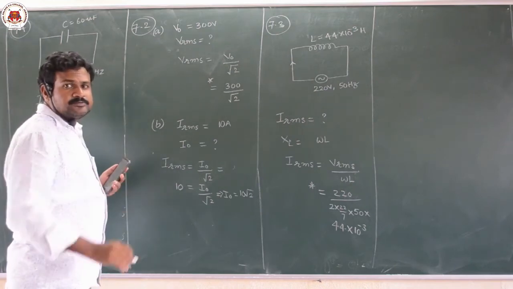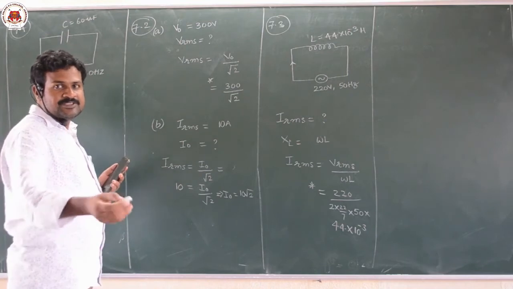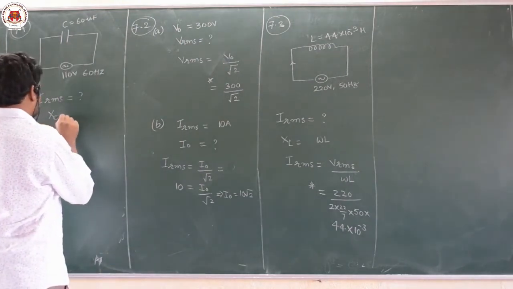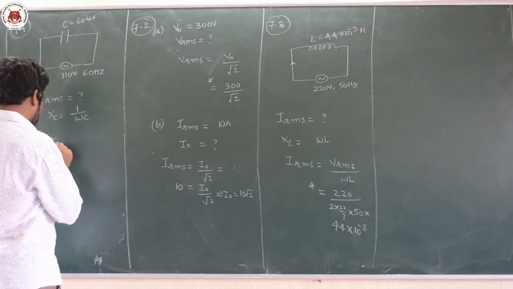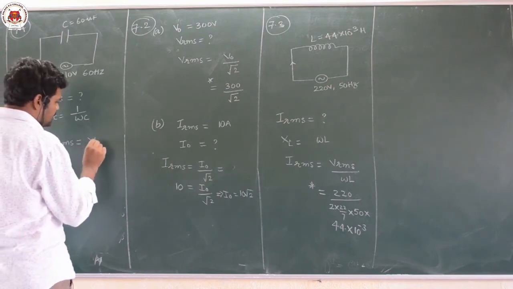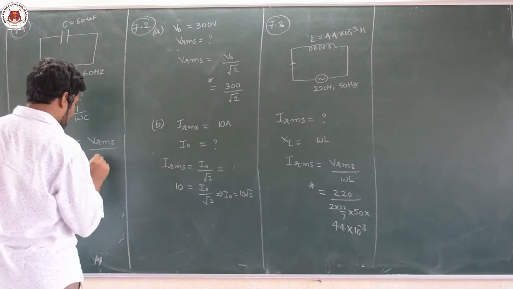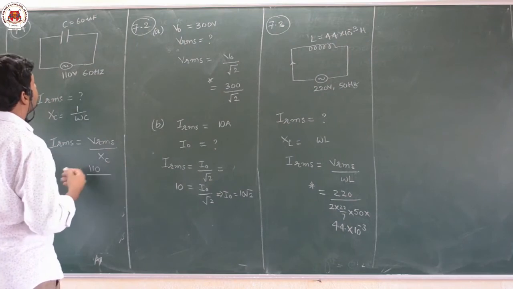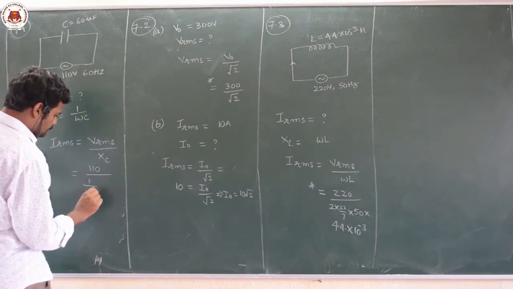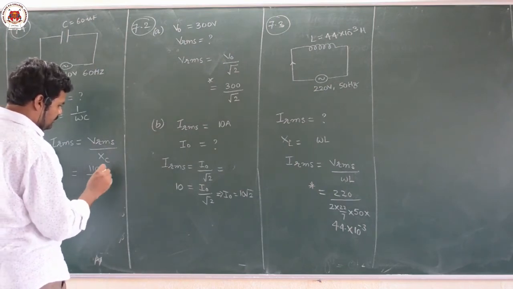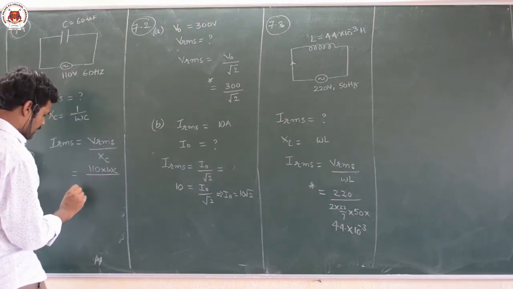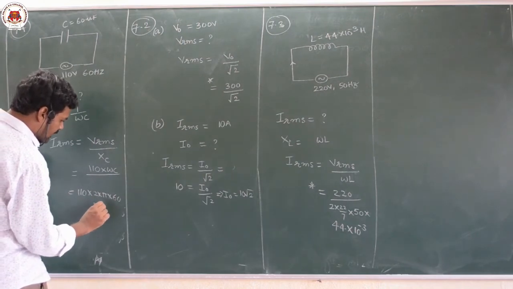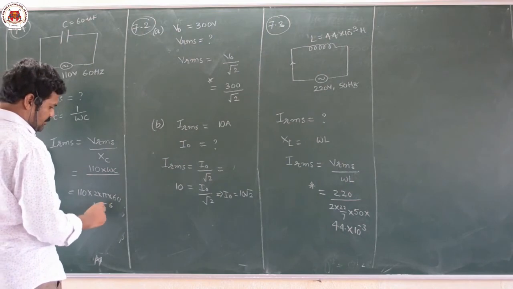When a capacitor is connected to an AC source, it conducts current with a reactance of 1 by omega C. So reactance XC is equal to 1 by omega C. Then IRMS is equal to VRMS divided by XC, that is 110 divided by 1 by omega C. Omega is 2 pi, so it becomes 110 into 2 into pi into 60 into 60 into 10 power minus 6.